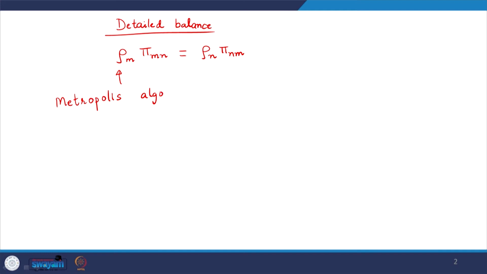It is called the Metropolis algorithm, and it goes like this.